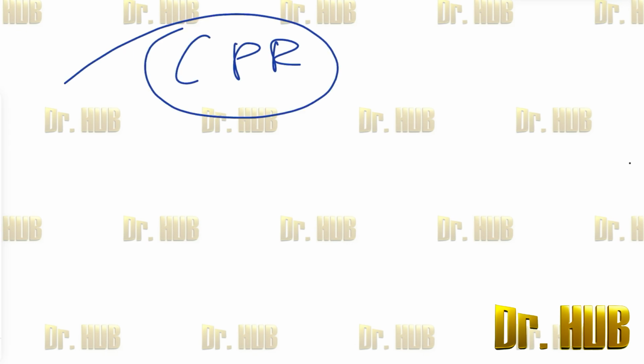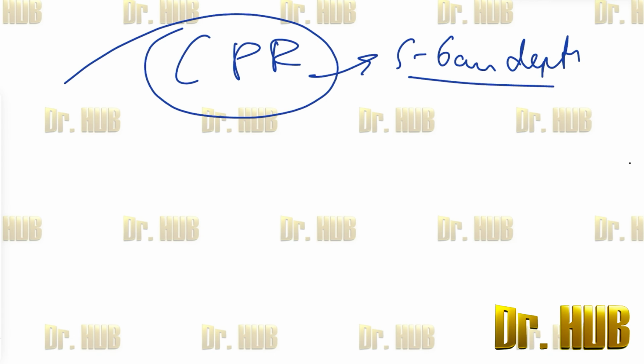Next, moving ahead, this is very, very important: we need to know what high quality CPR is. For high quality CPR, you need to push hard, that is about 5 to 6 centimeters in depth. Next is push fast, that is about 100 to 120 BPM, the rate, that is the frequency.